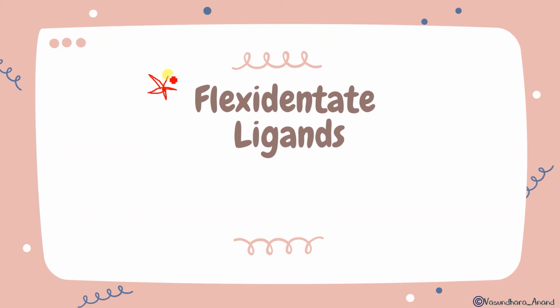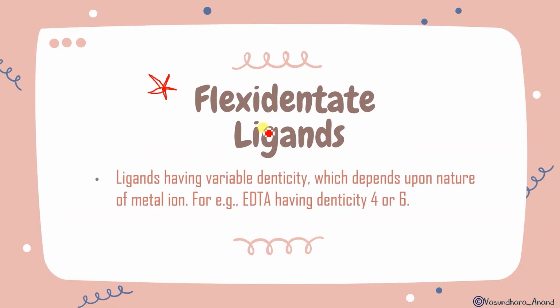I wanted to make a star, but it turned out to be something else. Let it be. So these are flexidentate ligands. Flexidentate ligands means ligands which can show different denticities. When I told you about EDTA, I said it has -4 charge, and its denticity is 6, which we have done.